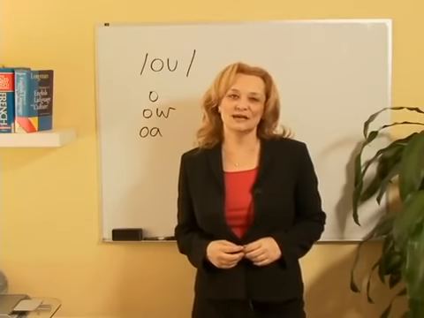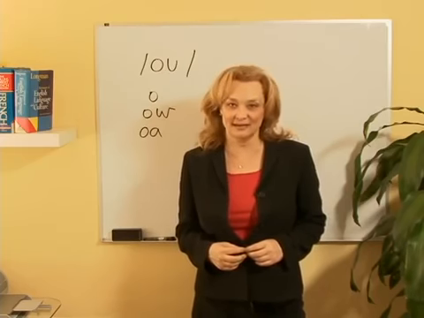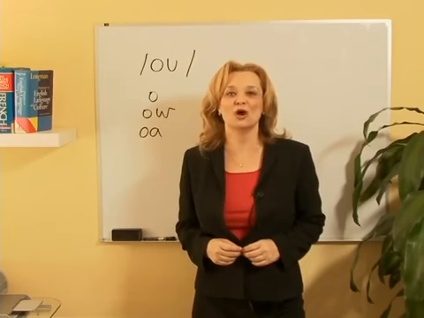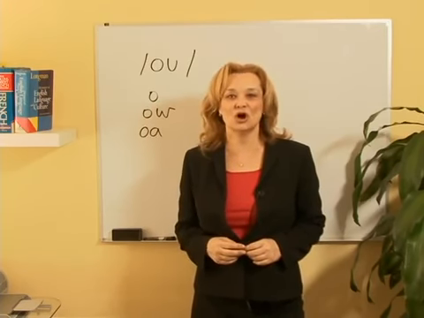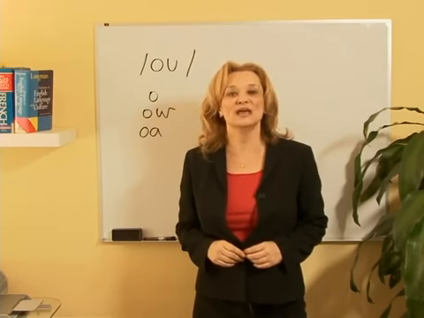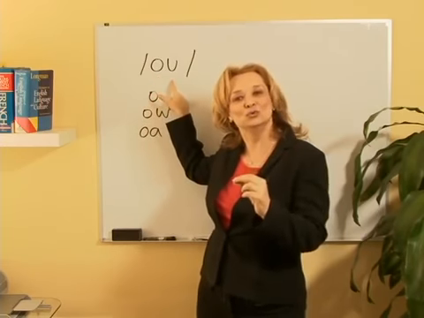Let's look at another sound now that learners of English sometimes pronounce incorrectly, and that's the O sound. Repeat after me, O. People wrongly pronounce this sound as O. We don't say no, we say no. So it's actually two sounds, it's O and U together.